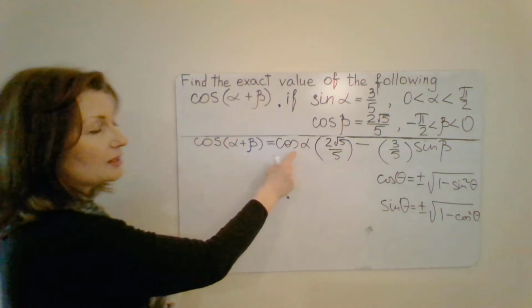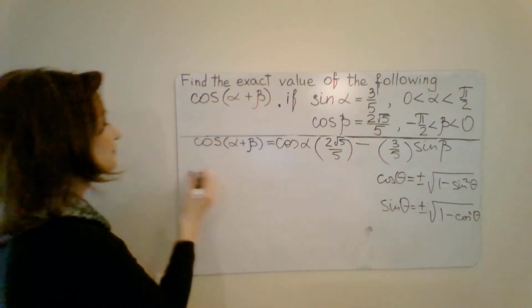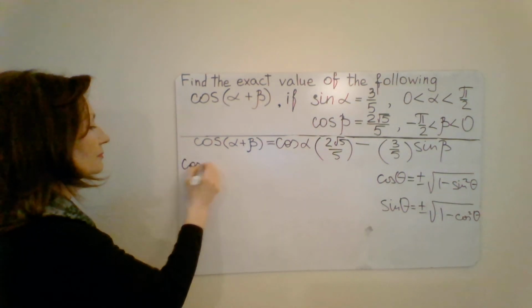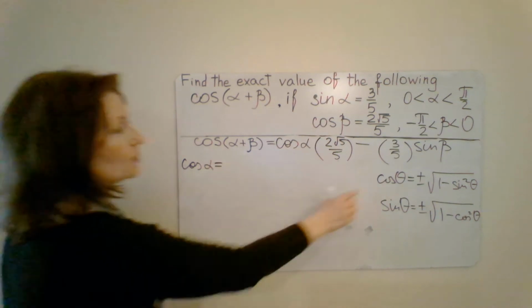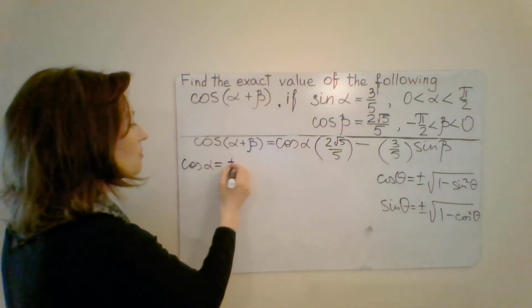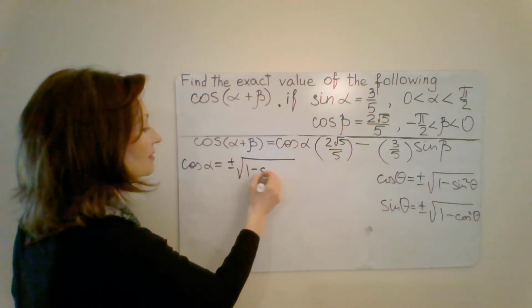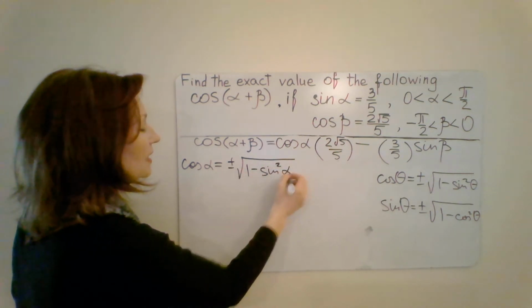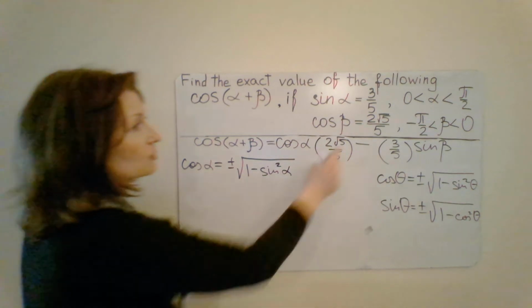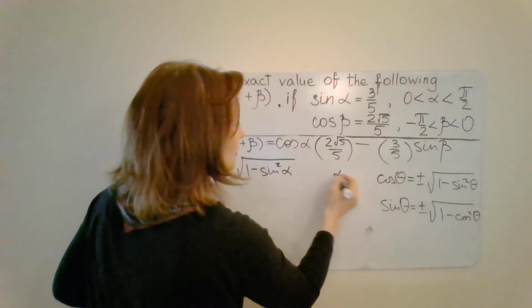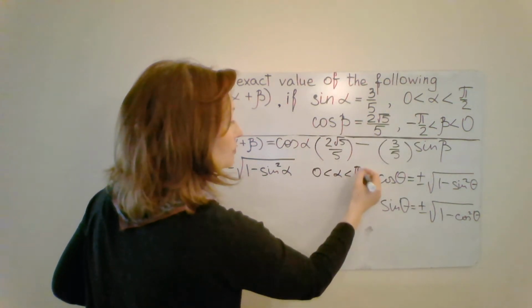Now, we're ready to find cosine alpha using this formula, plus or minus the square root of 1 minus sine squared alpha. In our problem, alpha is between 0 and pi over 2.